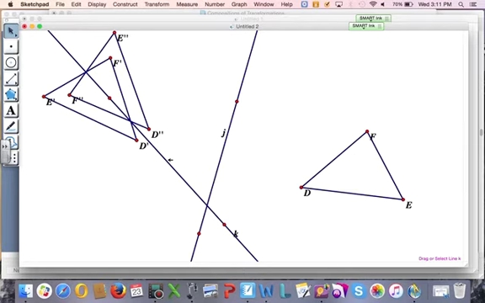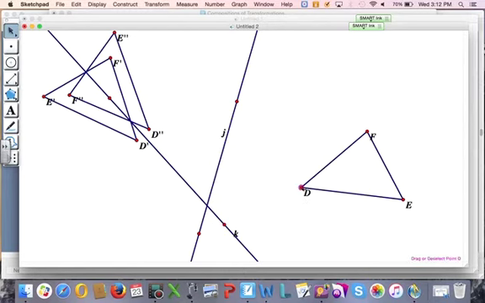So this time I did 2 reflections, and I'm trying to think of one transformation that would have the same result. One thing I'd like you to notice is, remember way back in Module 1 when we talked about how to look at a figure and determine whether it's been reflected or something else, is if the orientation of the graph has been changed.